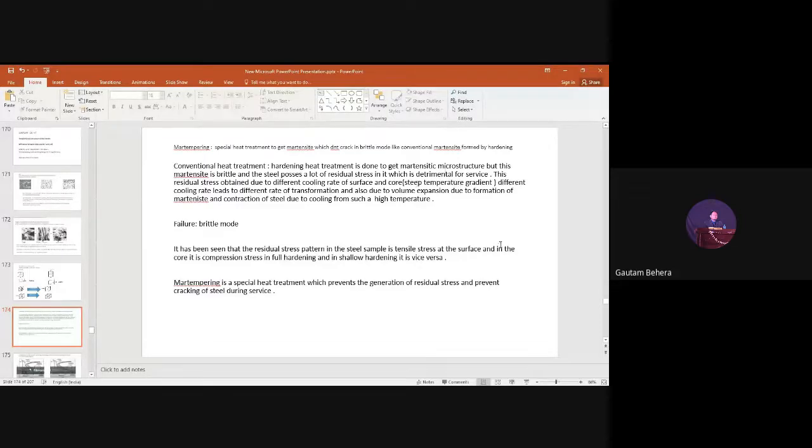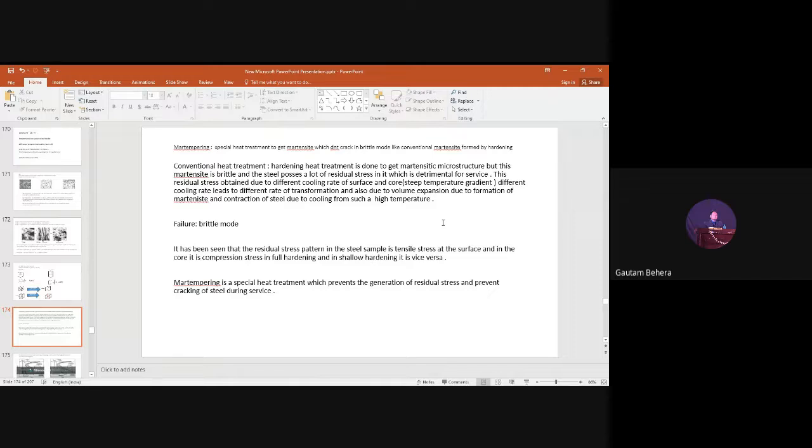Why? If we have a thicker cross section of steel, the cooling rate at the surface is different from the core, right? The difference in cooling rate again leads to thermal stresses, so a lot of internal stresses are present in the martensite. So conventional hardening gives you martensite which is brittle and has residual stresses in it.